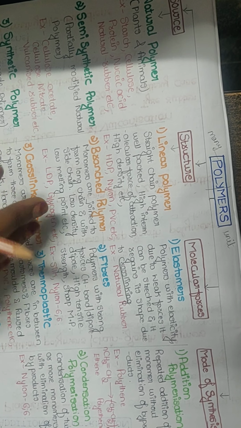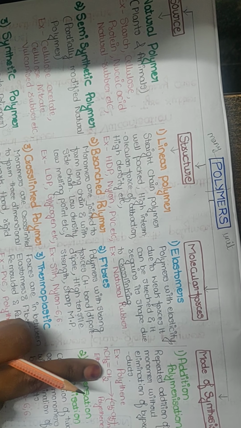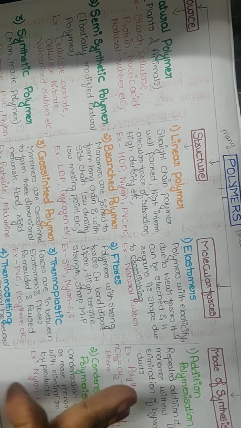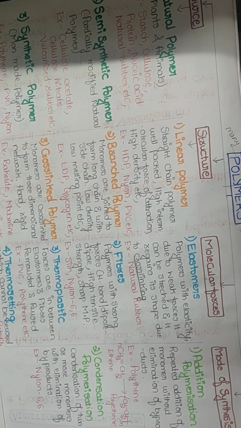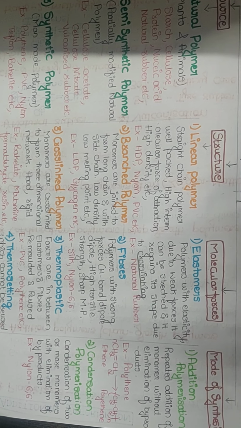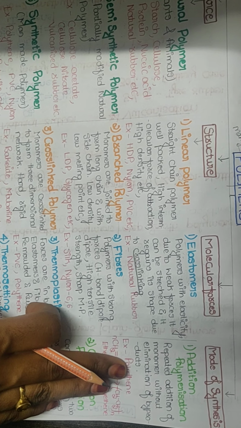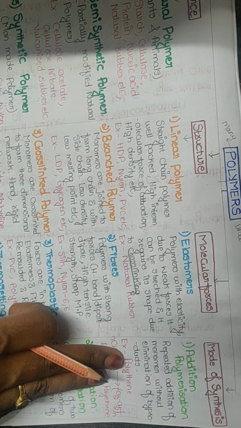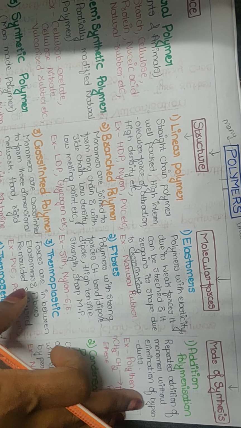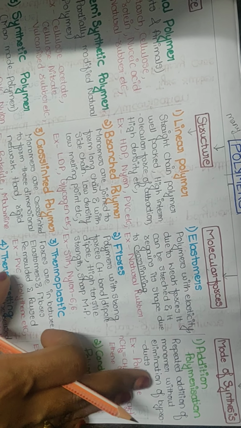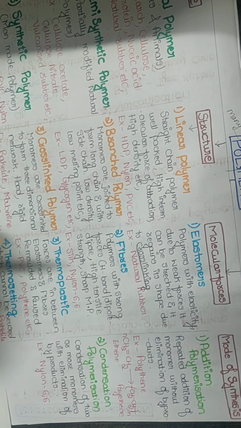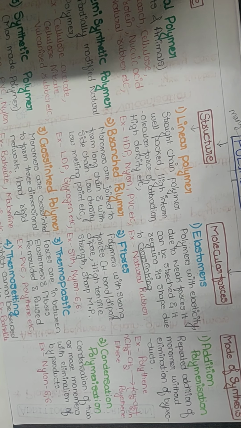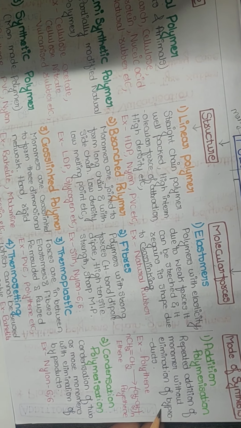So here the unsaturated monomer keeps on adding without elimination of simple molecules like water or HCl, etc. Water or HCl can also be considered a byproduct. Therefore I have written: repeated addition of the monomers without elimination of byproducts.